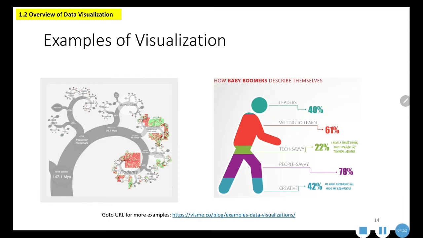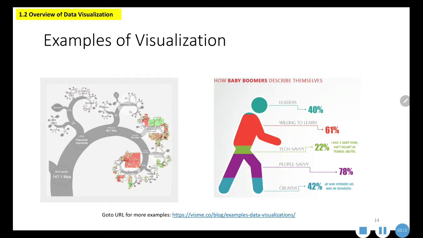On the right side here, in this diagram, is a visual to describe the generations of humans in this world. This is about how baby boomers describe themselves.